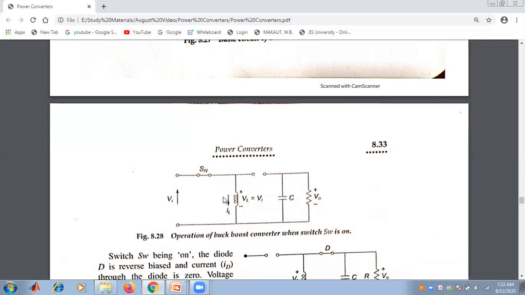The voltage across the inductor, V suffix L, will be equal to the input voltage V suffix I, and also the current I suffix L through the inductor increases linearly with time.